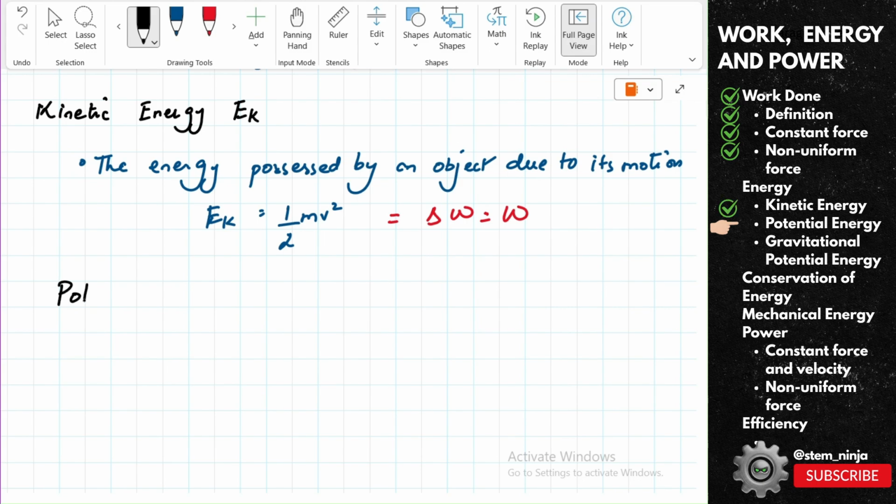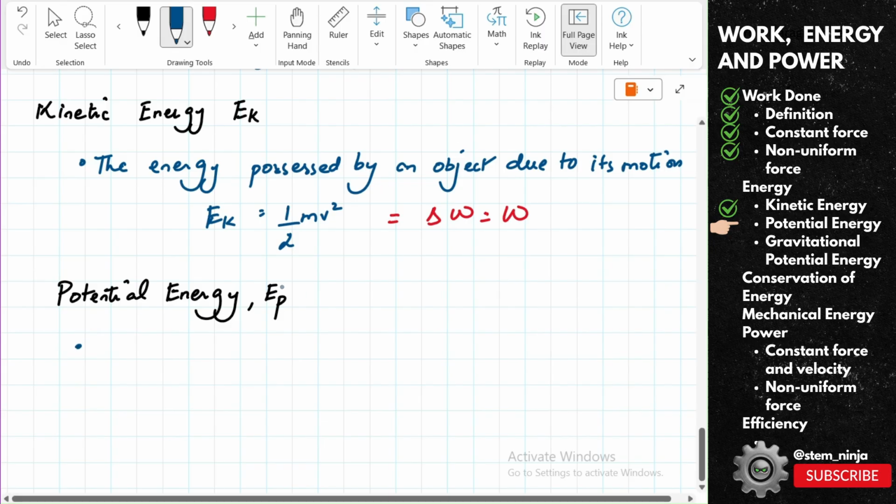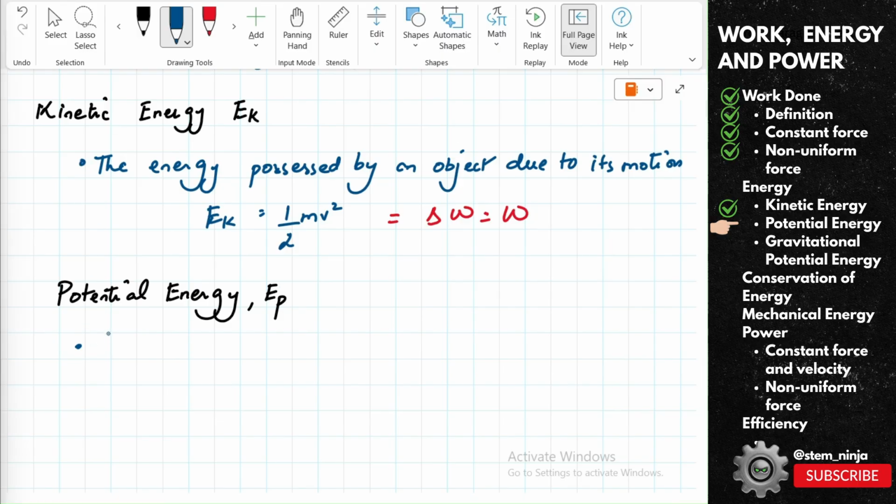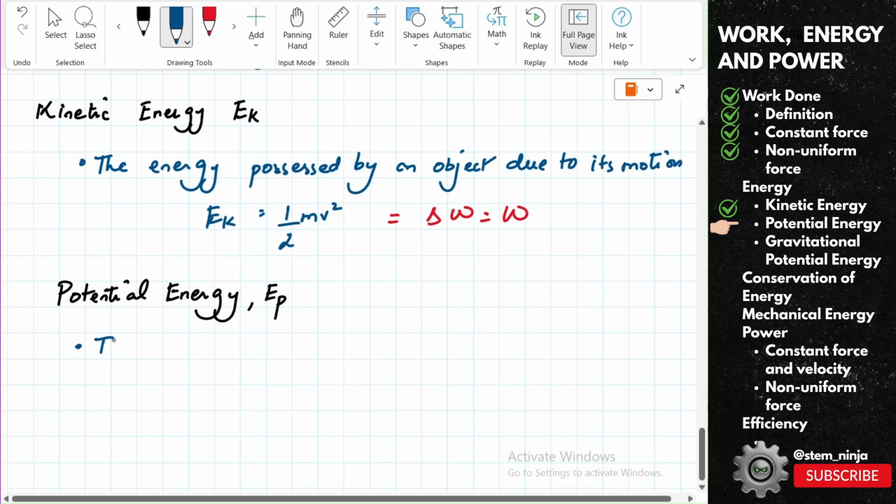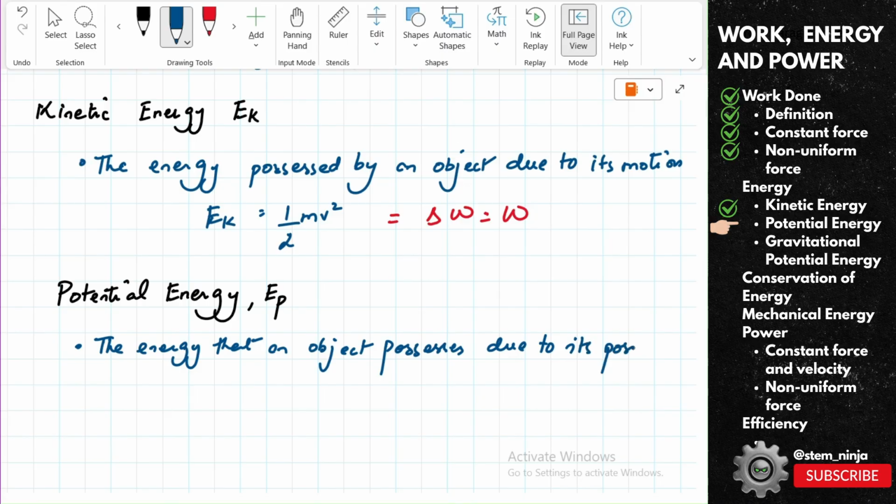Now potential energy, we write it as EP, is the ability to do work, or actually sorry, we can rewrite it, we can write it as the energy that an object possesses due to its position or configuration.